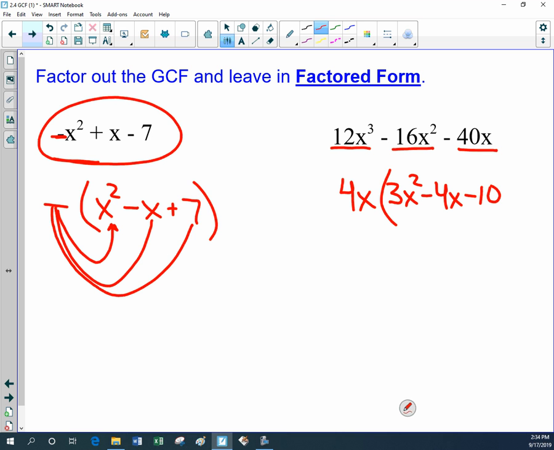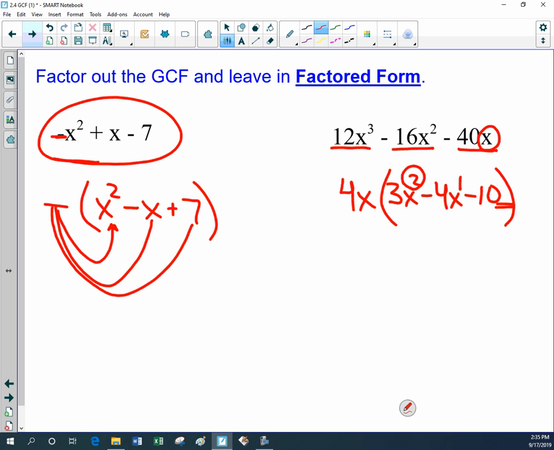And since we only need x to the first power, and we have x that we factored out, it would just be negative 10. So basically we factored 1x out of each of those three terms. So we went from x to the third to x to the second, x to the second to x to the first, and then we had an x here.